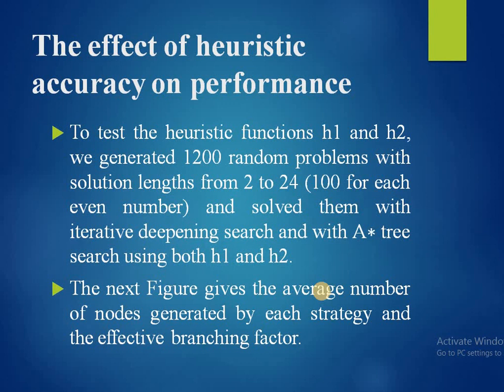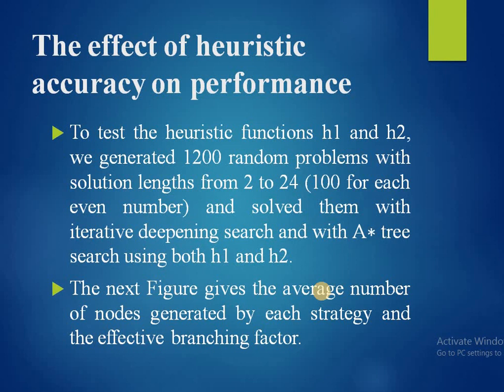To test the heuristic functions h1 and h2, we generated 1200 random problems with solution lengths from 2 to 24, 100 for each even number, and solved them with iterative deepening search and with A star tree search using both h1 and h2.